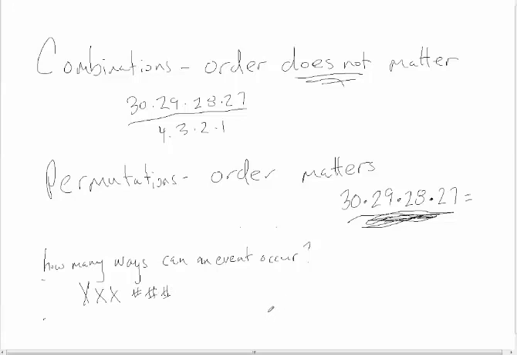How many possible license plates can we choose? Well, if we can repeat numbers and letters, I can have 26 possible letters for the first letter, times 26 possible for the second, times 26 possible for the third, times 10 numbers for the first, 10 for the second, 10 for the third. That's how many ways I can possibly have a particular license.